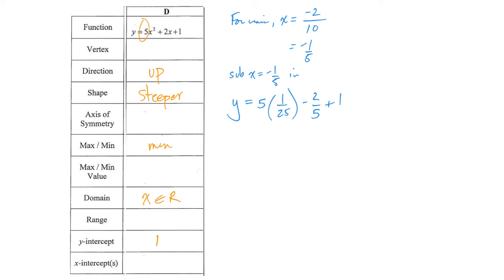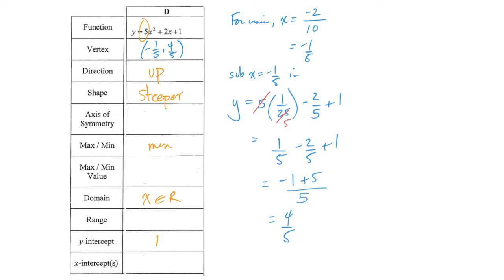We should love to see that because that 5 is going to reduce, and it actually makes our work relatively straightforward. My two fractions come together to give me a negative 1/5. Change my 1 into fifths is going to be 5. And I get the coordinates of my vertex at negative 1/5, 4/5.